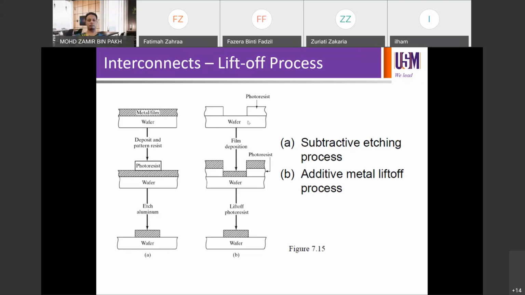So in this case for B, you pattern the resist, and then you have the opening in between. Then you deposit your metal layer blanket, but then the ones on the left hand side and right hand side are going to sit on the resist, of course, because you already have the resist there. So this one is metal as well.